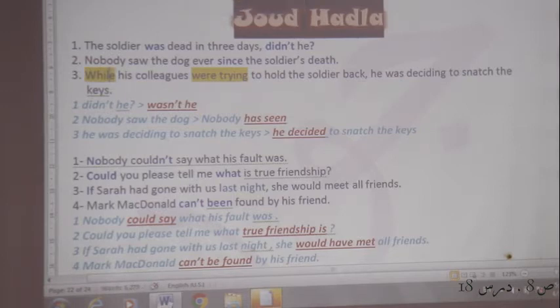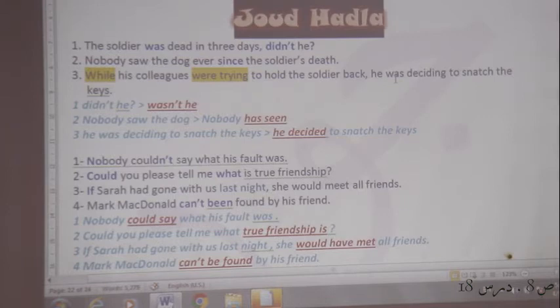So while is used in the past continuous or past progressive. Here we have another action, and it is in the past simple form. He was deciding. No, here is incorrect. We need the past simple.